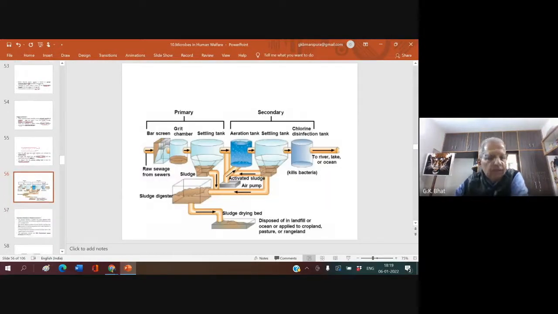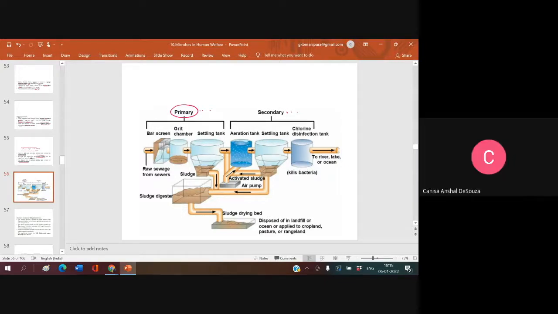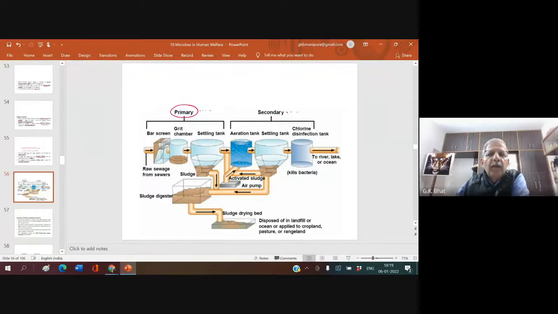Now, look into the diagram. This particular part is concerned with what? What is the primary? What is the secondary? Namrata? Treatment. In the primary treatment, what do you get at the bottom? Sediments. And on the top, you come across floating debris. They are made to pass from tank to tank by sequential filtration.